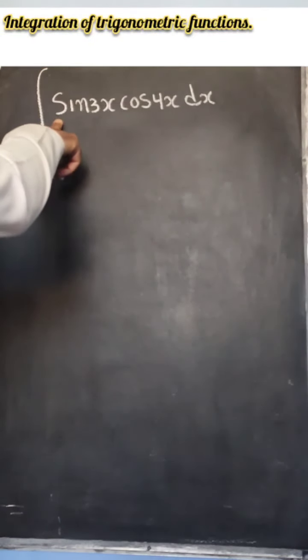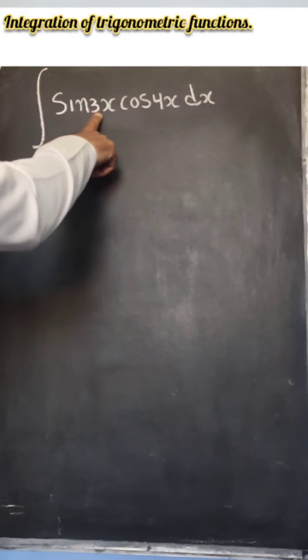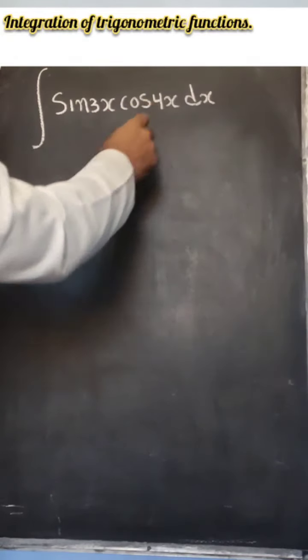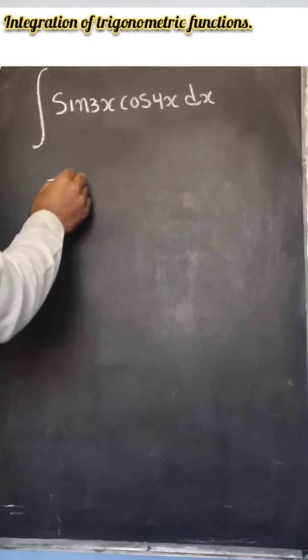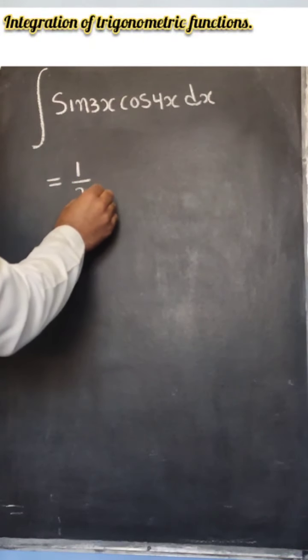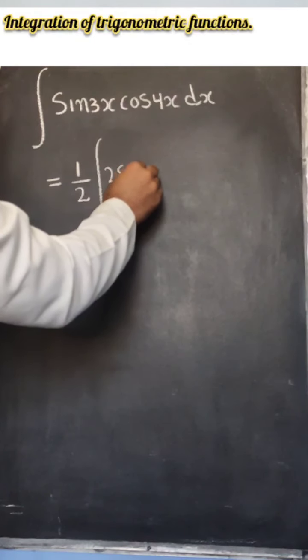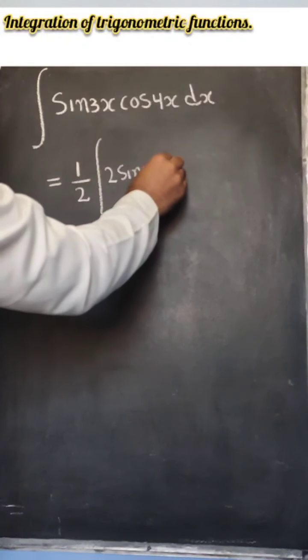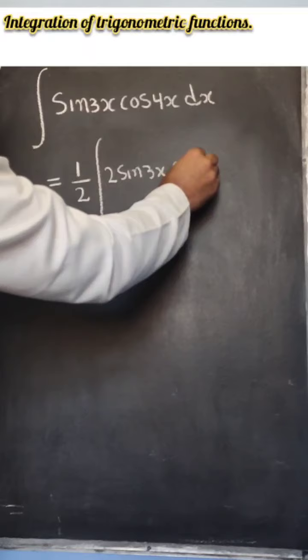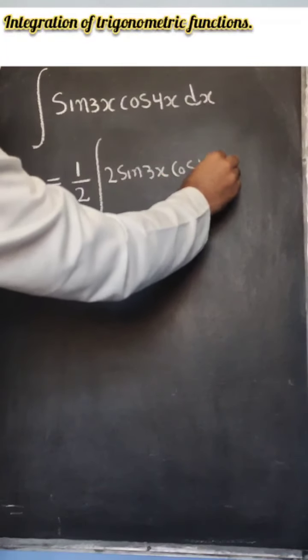Here we have to find integration of sine 3x cosine 4x. Now we can write it as 1 by 2 integral twice sine 3x cosine 4x.